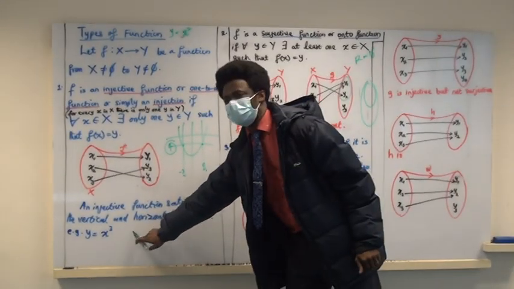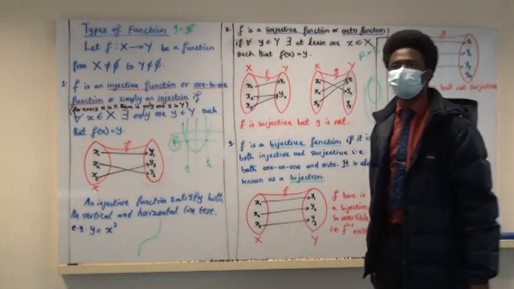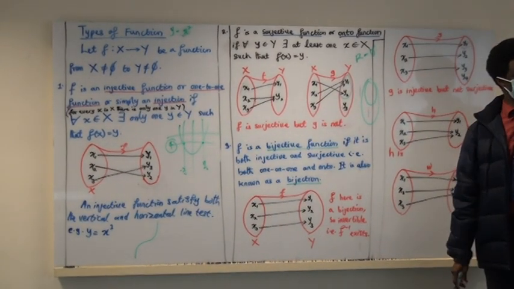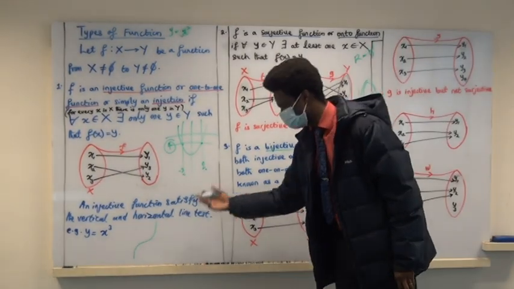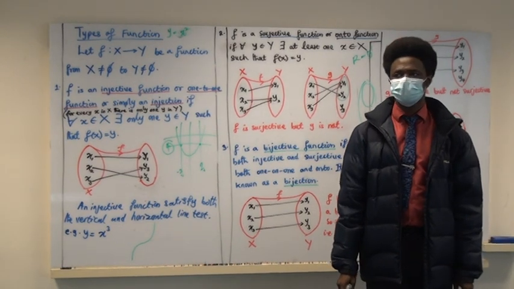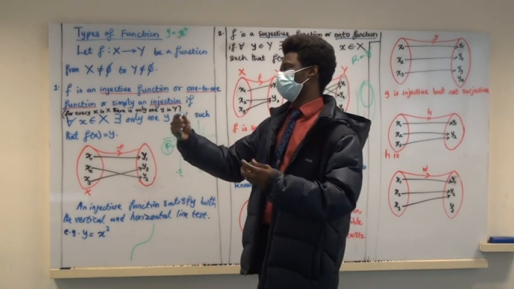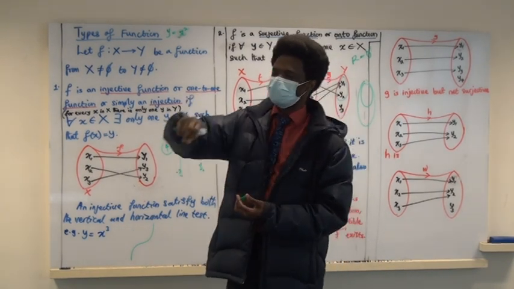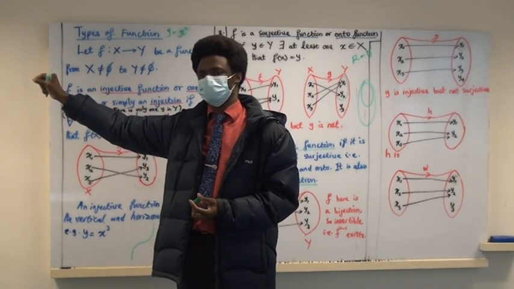But if you look at the graph of x cubed, it goes like this. Does it pass the vertical line test? Yes. What about the horizontal line test? Yes. So this is a one-to-one function. Okay? So if you take an element x1, there is only one f of x1 on the other side of it.